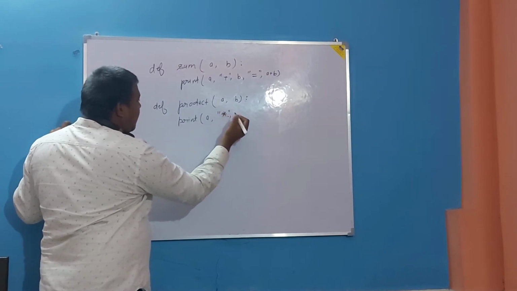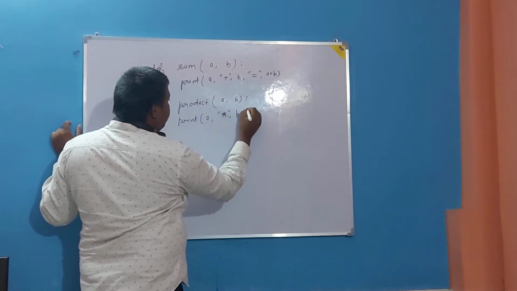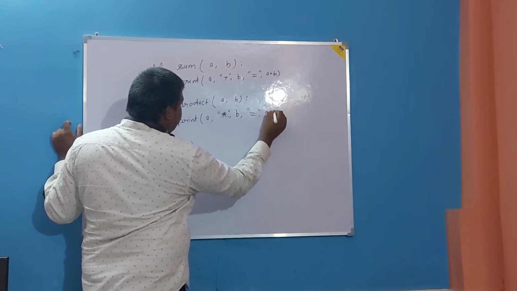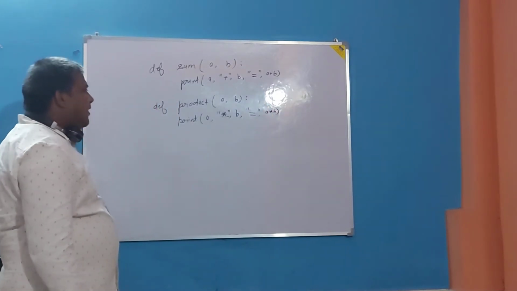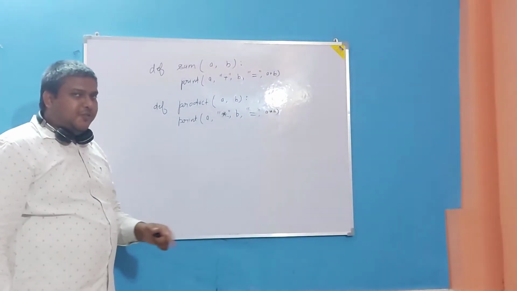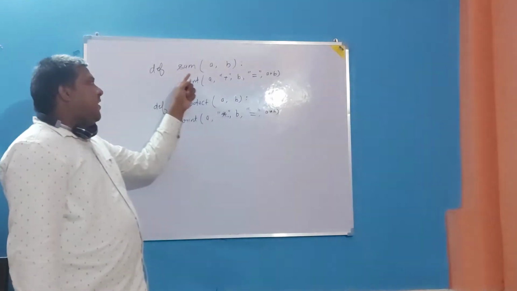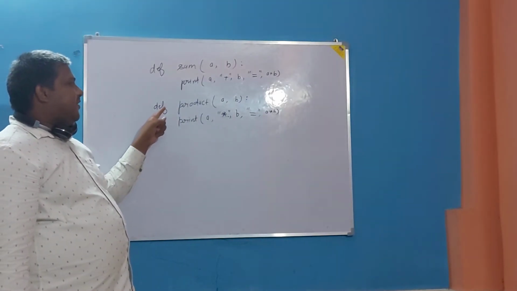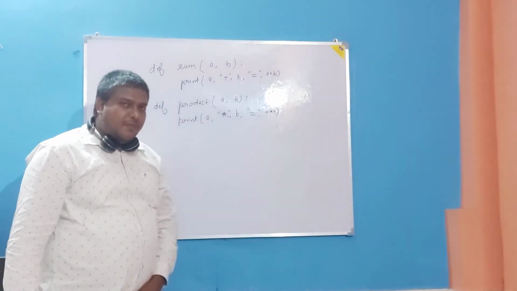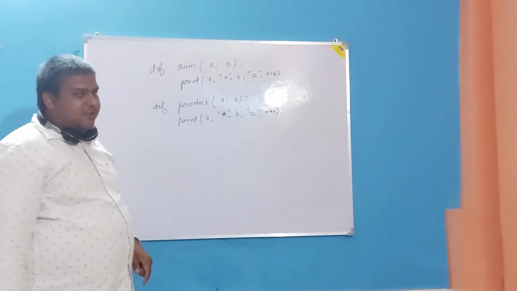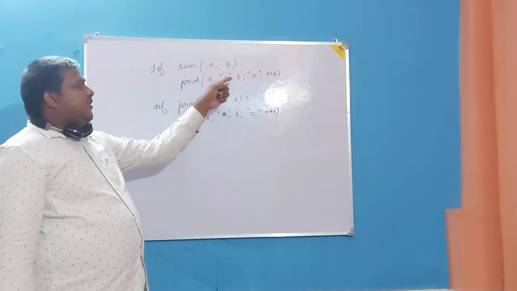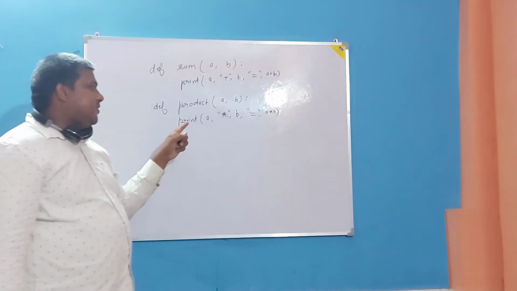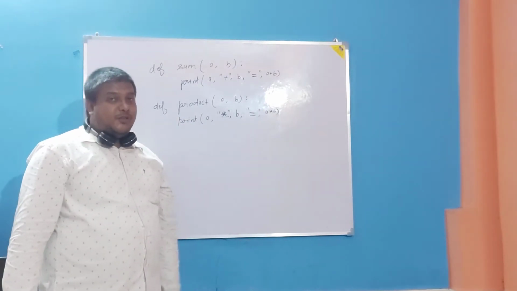So I have defined two functions. The first is sum, taking two parameters, and the other is product(a, b), also taking two parameters. One function displays the sum of two numbers, and the other displays the product of two numbers.